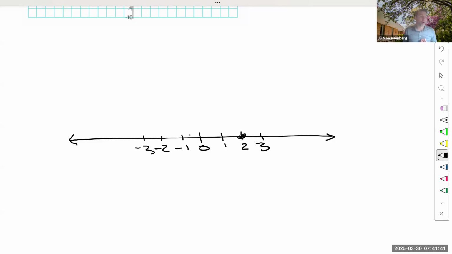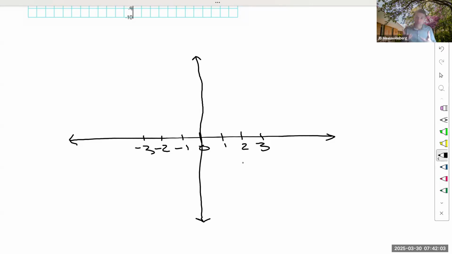How far apart are these two numbers? We can use number lines for that. We can use it for adding, subtracting, or multiplying and dividing. But all we can do is work directly on the line. It's a one-dimensional tool.